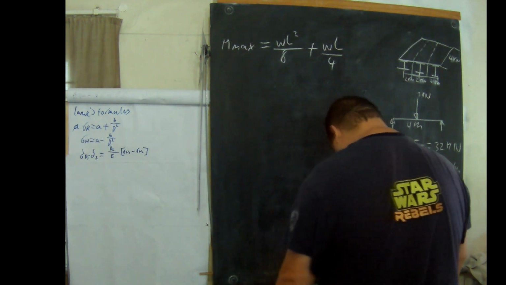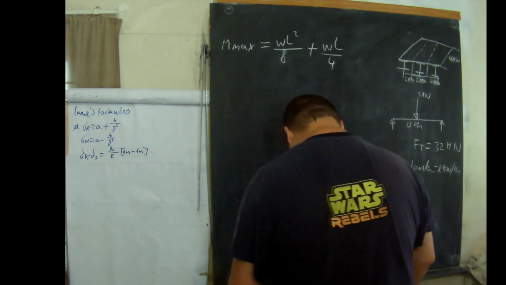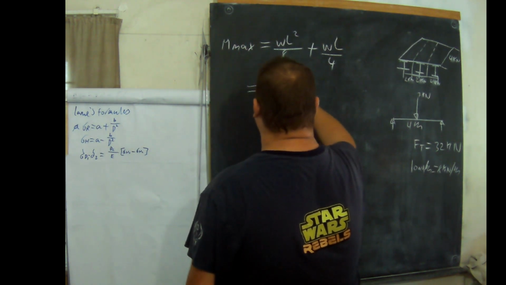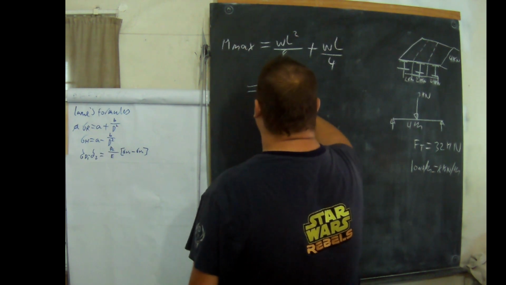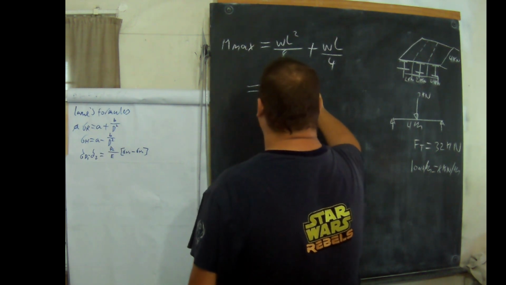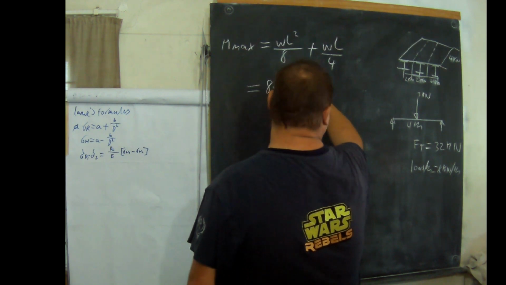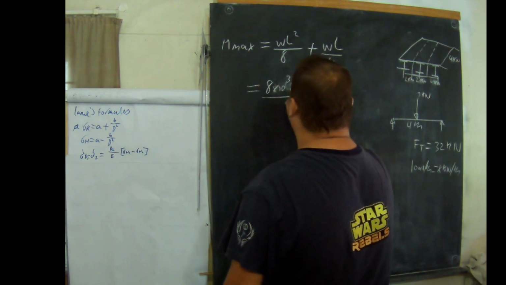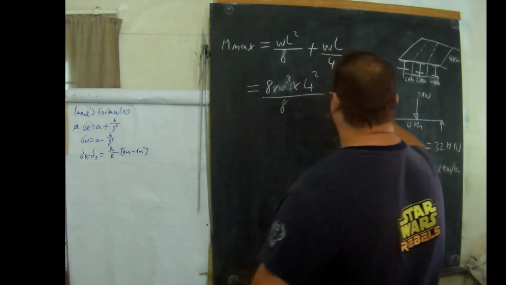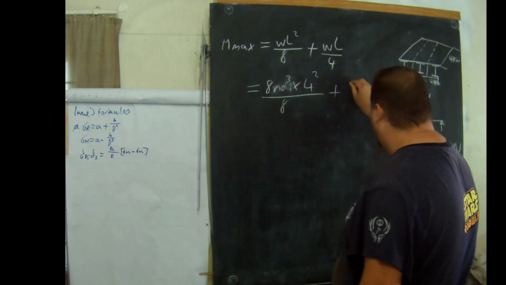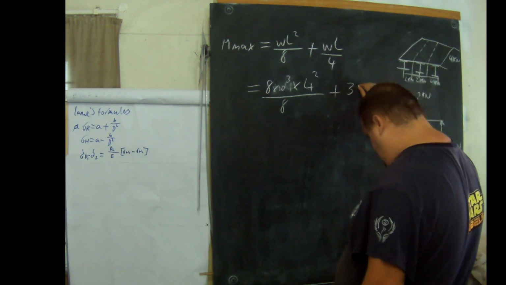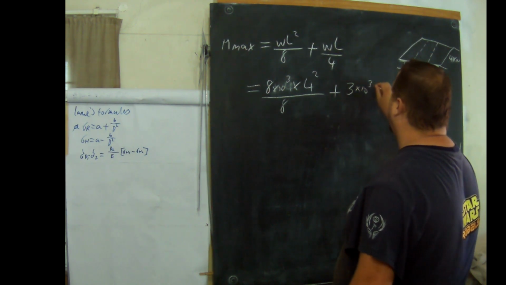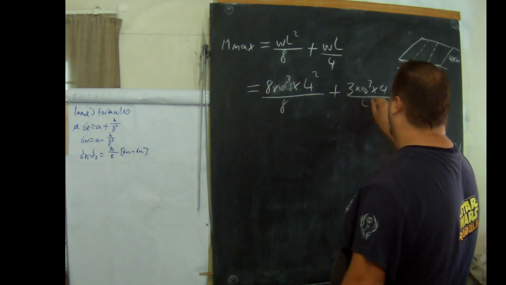Okay, so what we need to calculate is first, w is 8 times 10 to the 3, times L, which is 4 meters, squared, all over 8, plus 3, because that's the point load, 3 times 10 to the 3 times 4 over 4.